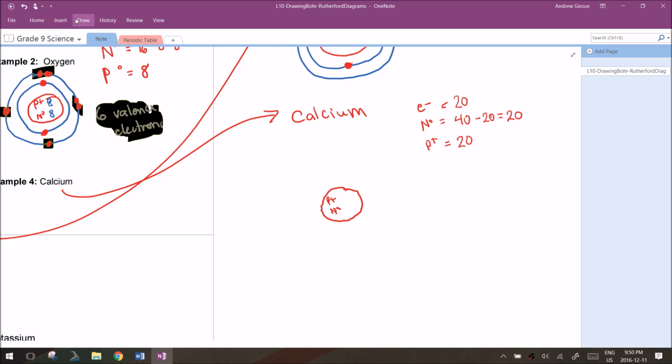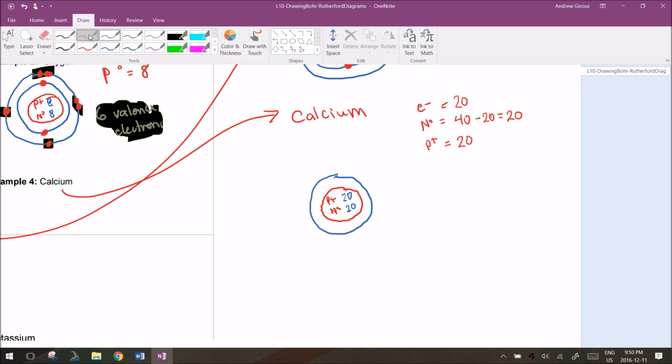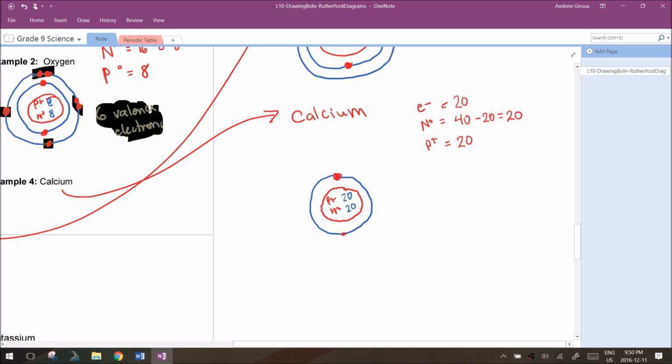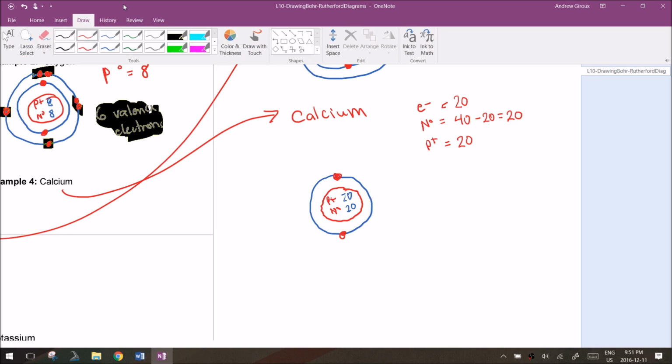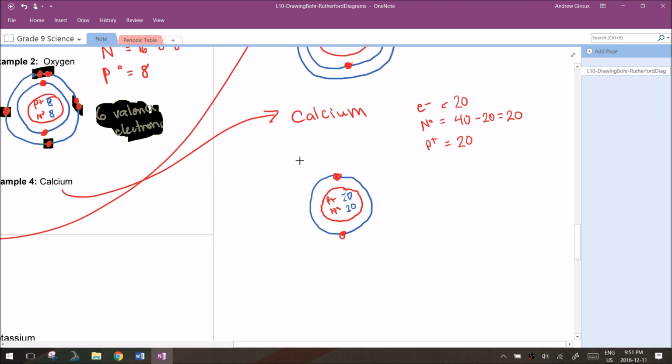Start by putting our protons and neutrons inside the nucleus, and we have 20 protons and 20 neutrons. Start placing my electrons. 2 in the first shell. I'm going to cheat a little bit here and use a pre-made circle.